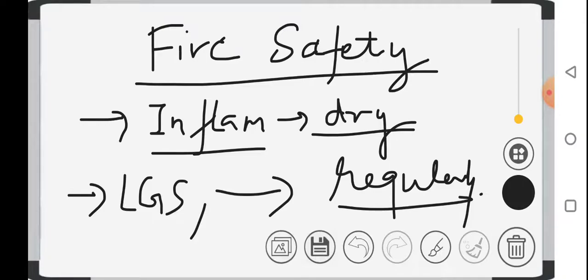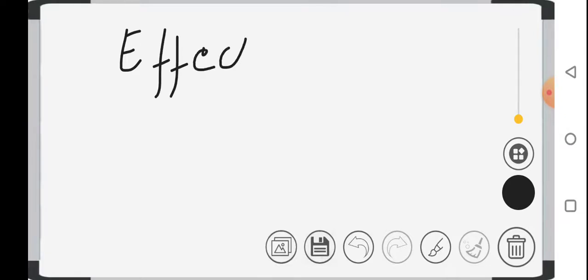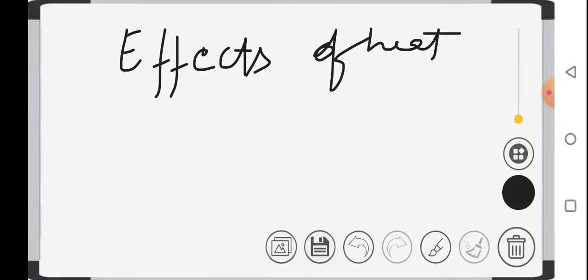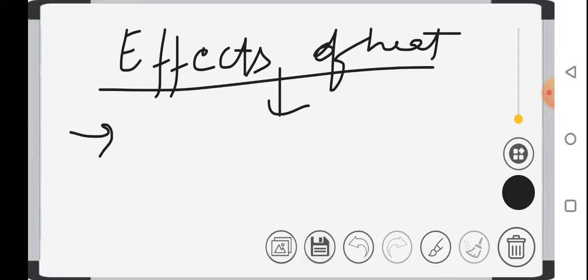Fine. Now we are going to come to the next topic, that is the effects of heat. Now children, heat cannot be measured directly. But we can find the effect of heat. मतलब heat की वजह से क्या क्या effects हो सकते हैं? तो heat की वजह से the very first effect is change in temperature.